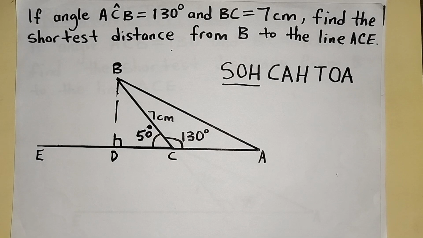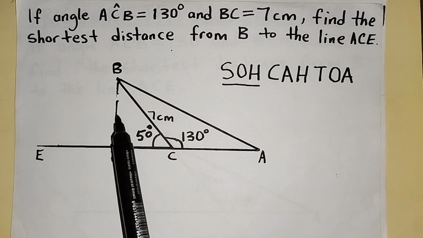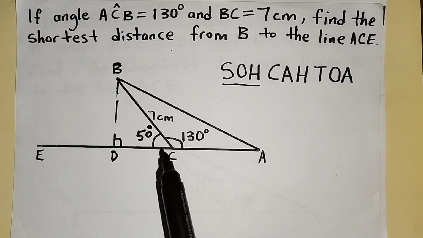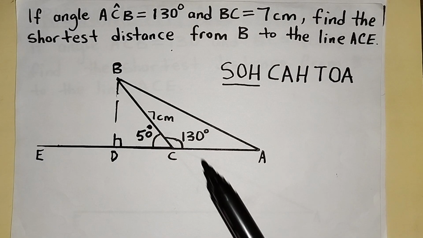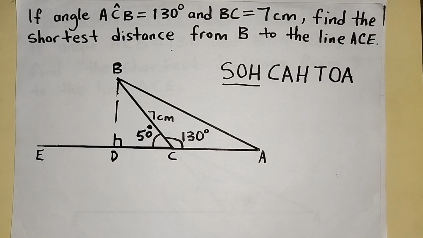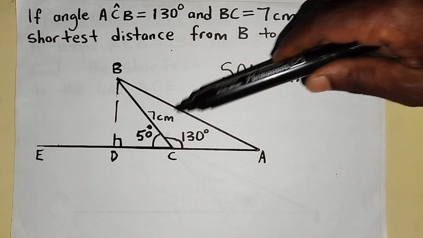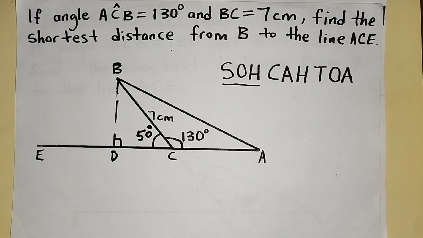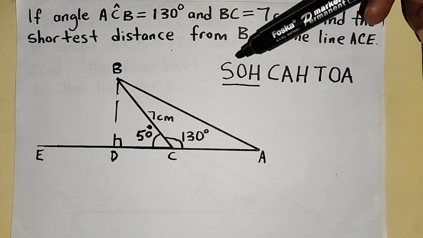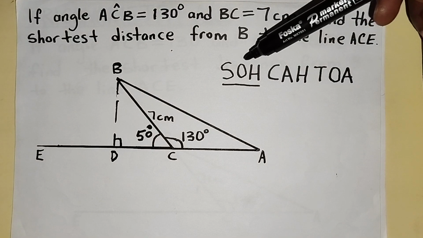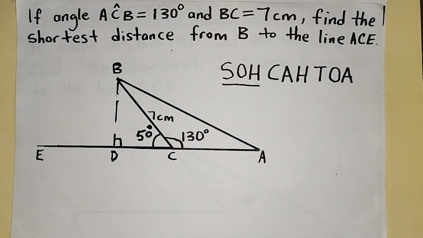So from what we have here, BD is now our opposite side, because it's opposite this acute angle of 50 degrees, and the given length BC is our hypotenuse. So from SOHCAHTOA, here we want to pick the right ratio to use, so we are going to use the sine ratio, which equals opposite side over hypotenuse.